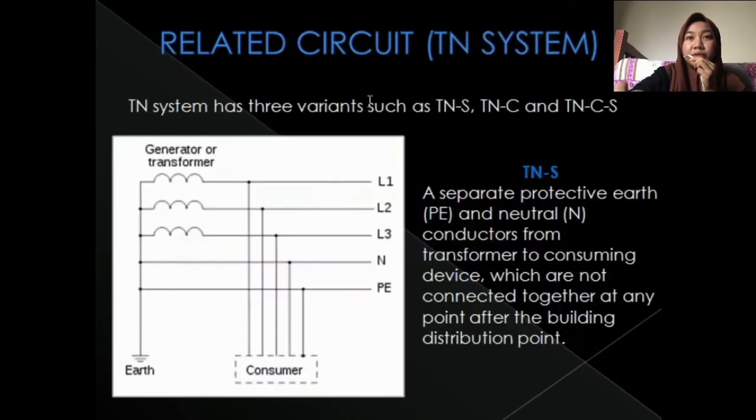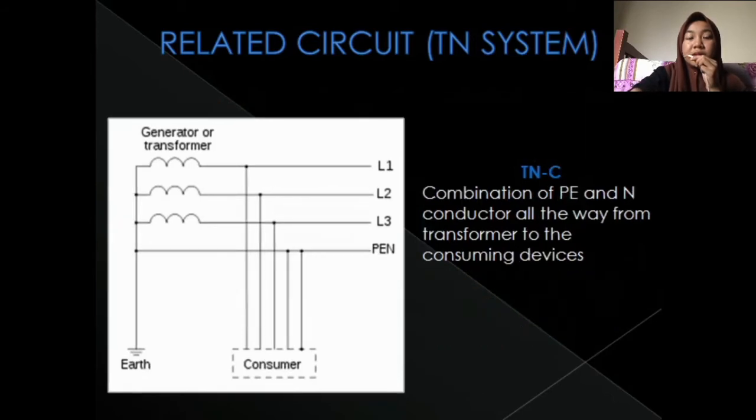Okay, next, the related circuit for the TN system. By the way, the TN system has three variants such as TN-S, TN-C, and TN-C-S. Okay, TN-S is a separate protective earth, PE, and neutral conductor from transformer to consuming device, which are not connected together at any point after the building distribution point. Next, for TN-C, it's a combination of PE and N, so it becomes PEN.